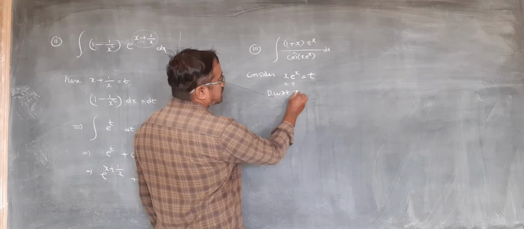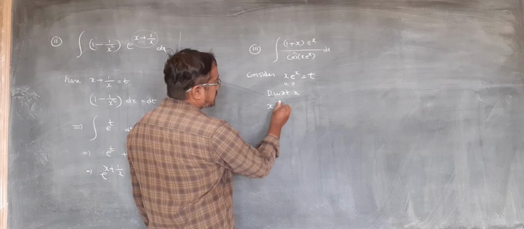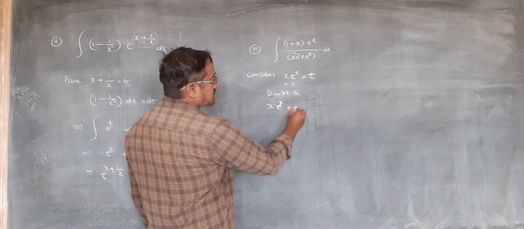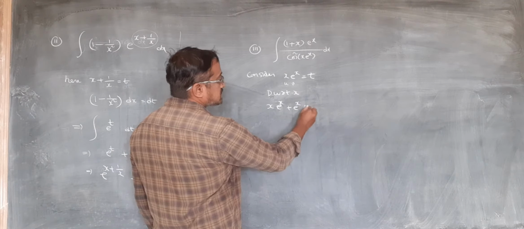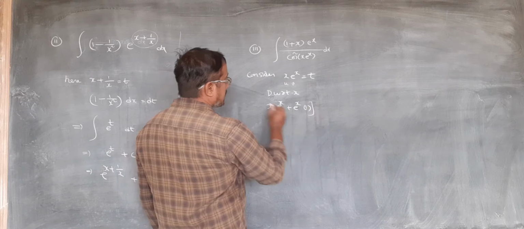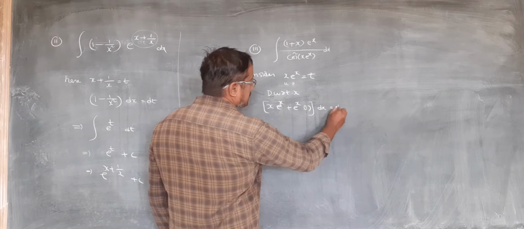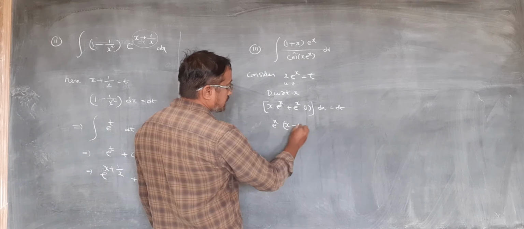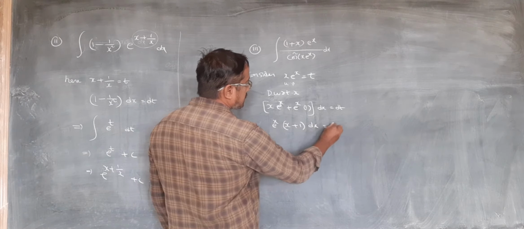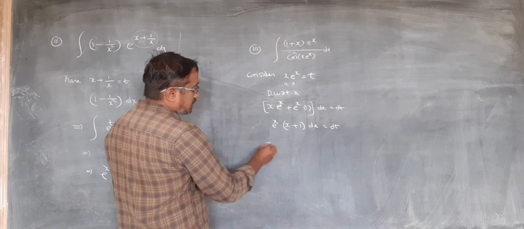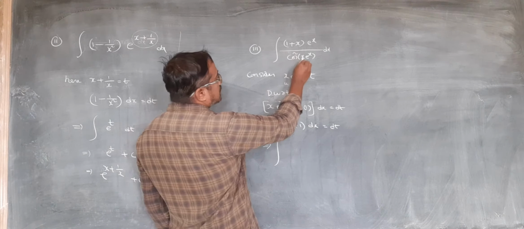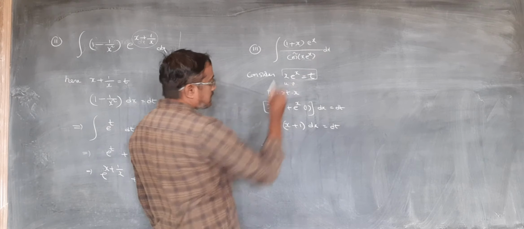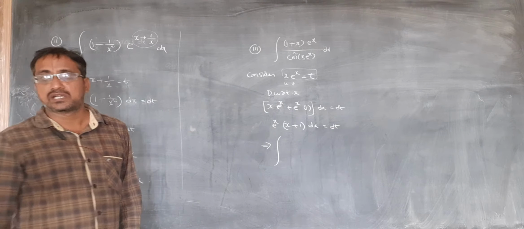Differentiating with respect to x, you will get x into derivative of e power x, that is e power x, plus e power x into derivative of x, that is 1, dx is equal to dt. So you will get e power x into x plus 1 dx is equal to dt. Now you can see, if you take x e power x as t, 1 plus x into e power x dx will be dt.